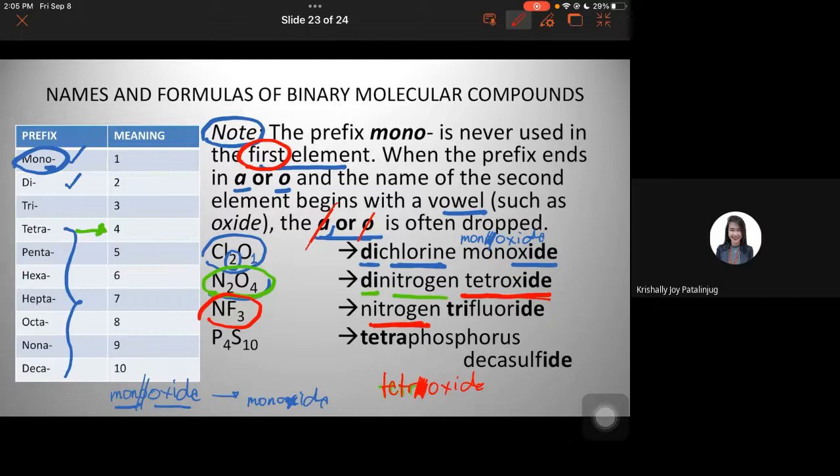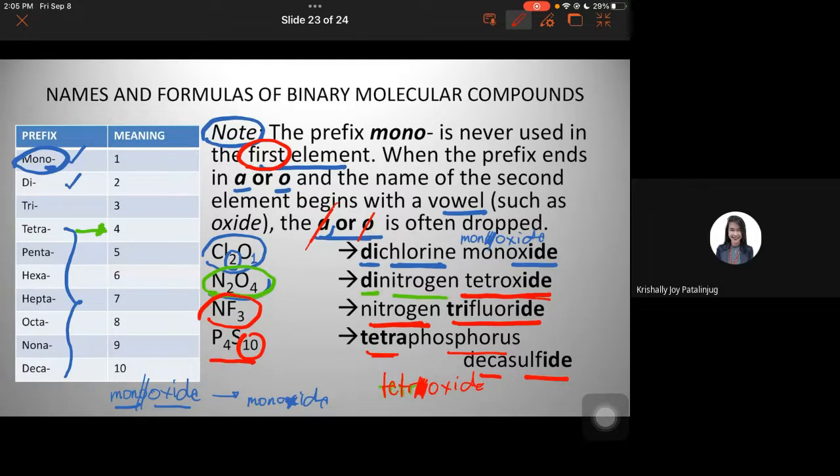So nitrogen only, followed by trifluoride. And then phosphorus, there are four, so tetraphosphorus. And then there are 10 sulfur, so that is named sulfide, because the second element should end with IDE. So decasulfide.